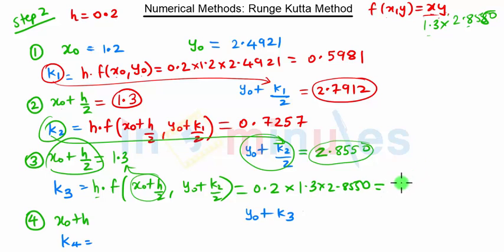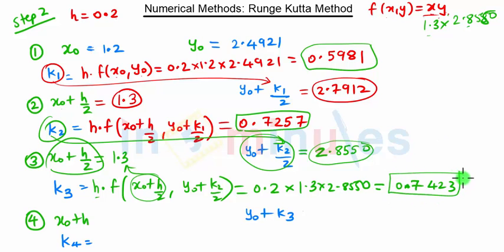So this value turns out to be 0.7423. So now if you see, these values of k are approximately close to each other. Just to cross check whether you are going on the right track or not, just see the values of k. So these three are very close to each other.